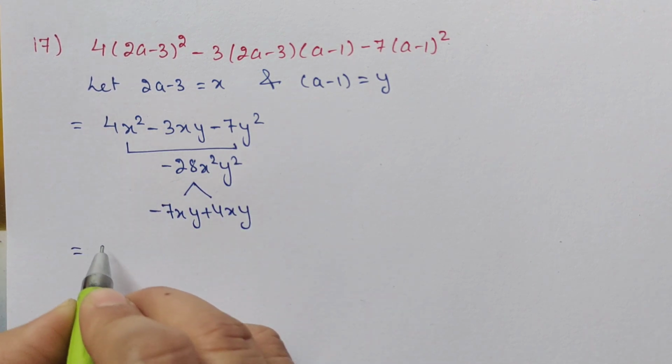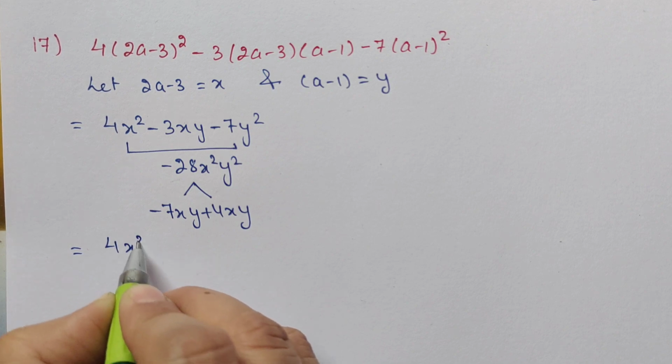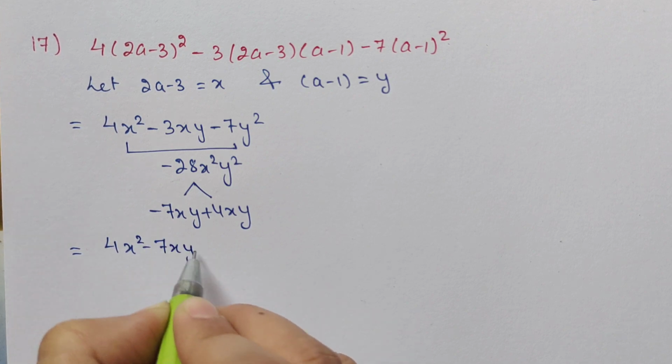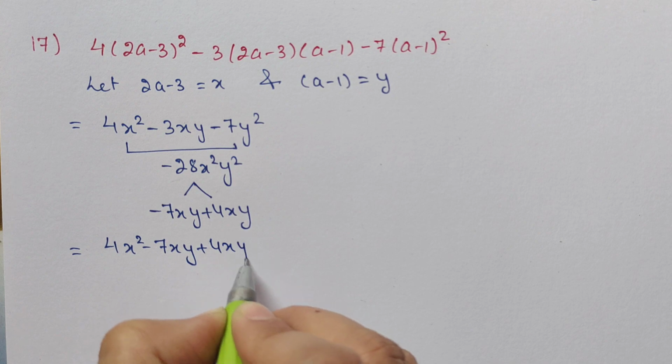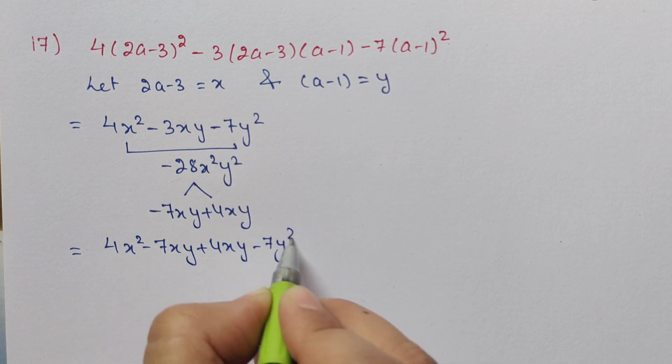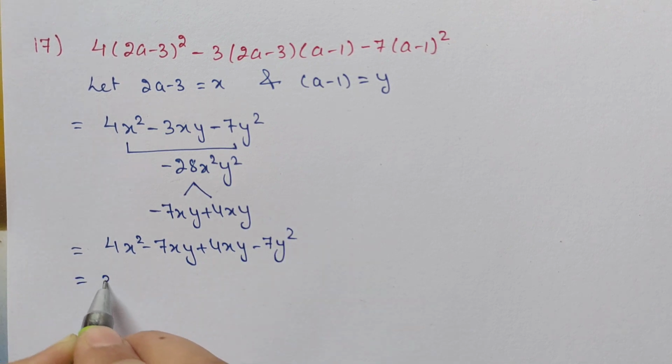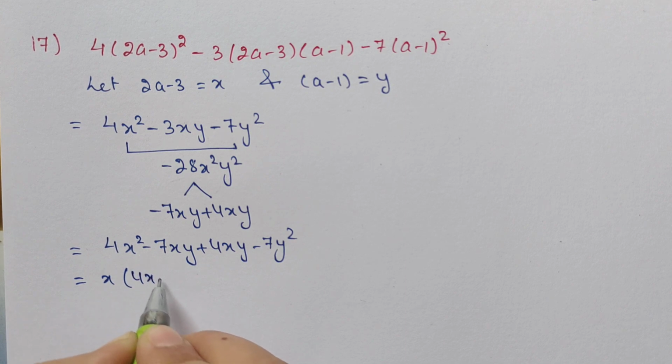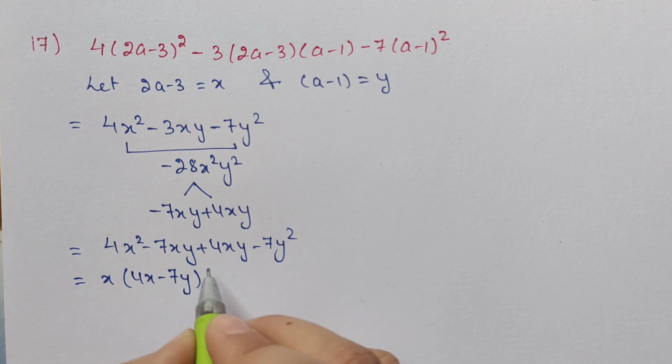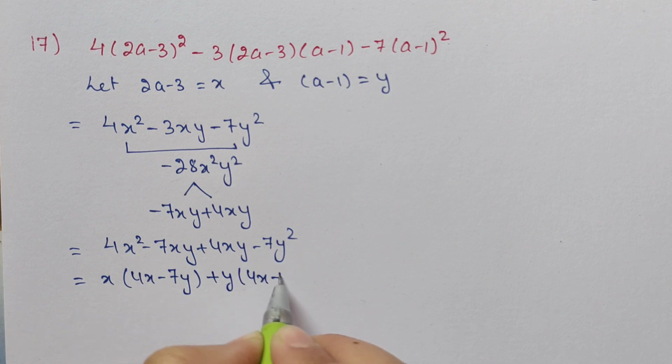Replace it in the middle term: 4x² − 7xy + 4xy − 7y². From the first two we can take x out common, 4x − 7y will be inside. From the last two we can take y out common, 4x − 7y will be inside the bracket.